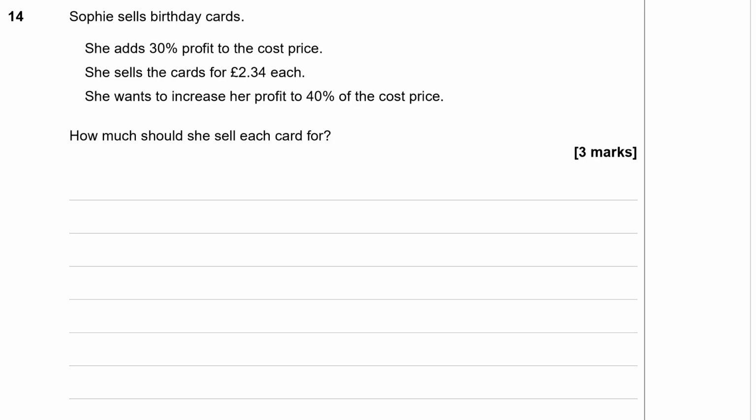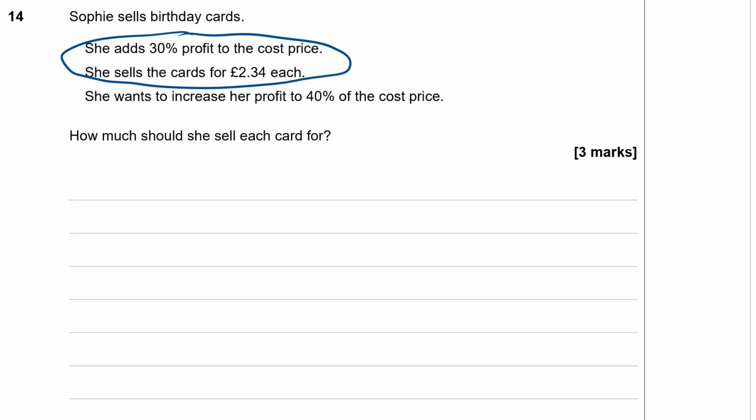So if we want to work out the cost price of the card, we'll need to deduct that profit off the card again to find out how much the cards are actually costing her. So this part here is a reverse percentage question. So this bit here we're doing first. So I'm going to take the sell cost £2.34 and then do a reverse percentage to work out how much it's actually costing her to make it.